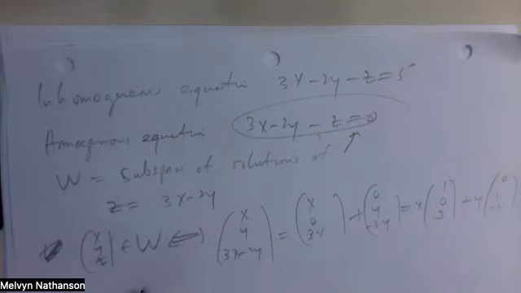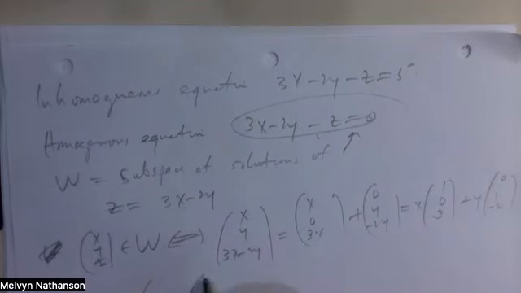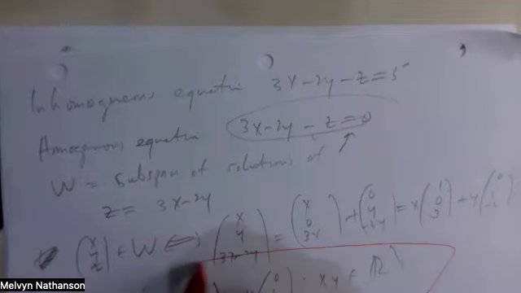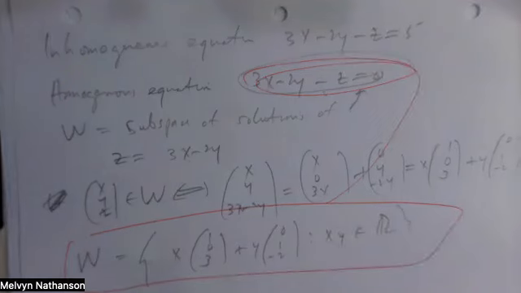So W is the subspace that consists of all linear combinations of these, so this is a subspace that's the solution of the homogeneous equation.